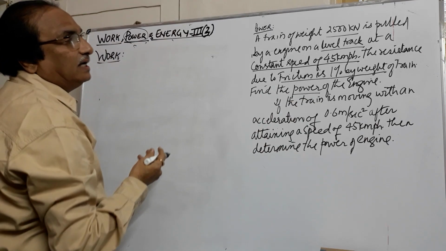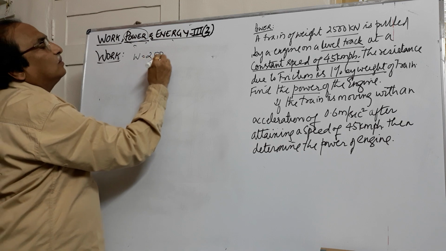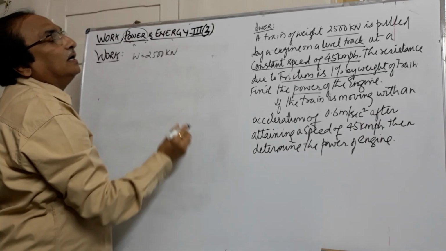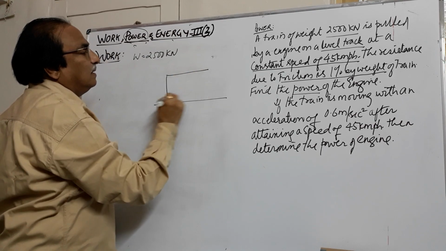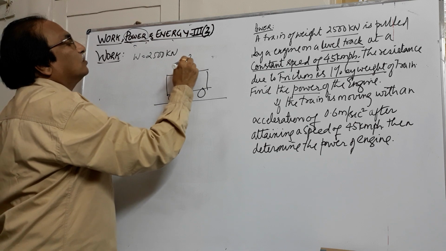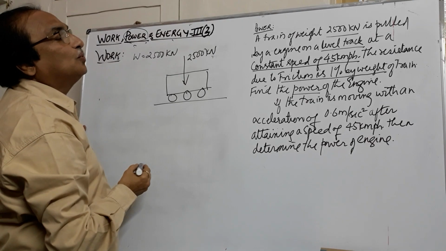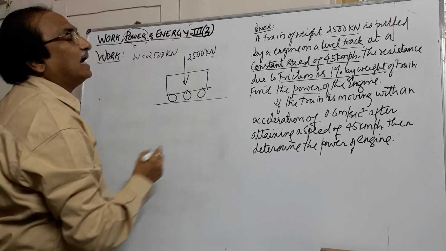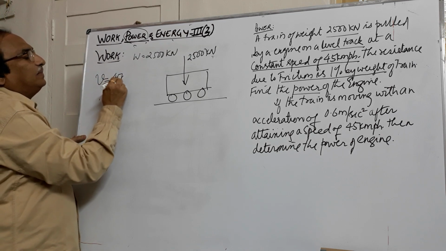So here he has given you the weight of the train, which is equal to 2500 kilonewton. It is pulled on a level track. Suppose this is a train. It is weighing 2500 kilonewton. So this is pulled on a straight level track with a constant speed of 45 kmph.